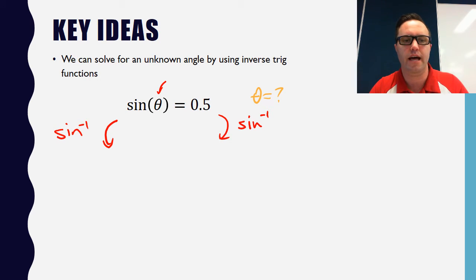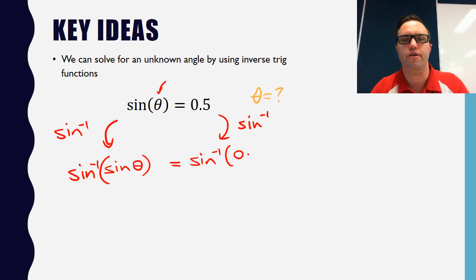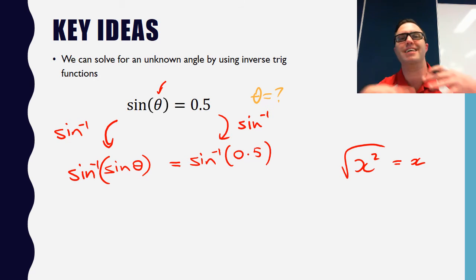You don't need to do this level of working, but you'll have the inverse sine of the sine of theta is equal to the inverse sine of 0.5. Now, this is similar to if I had x squared and then I took the square root of that, all I'm left with would be just x, because the square root is undoing the squared operation.